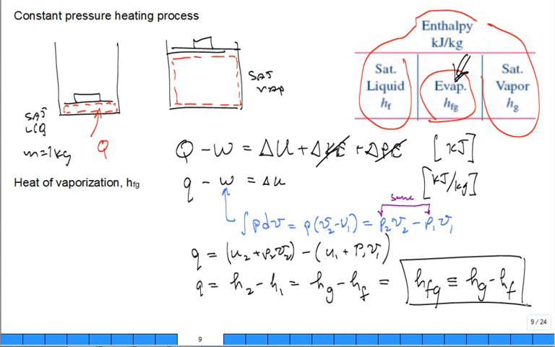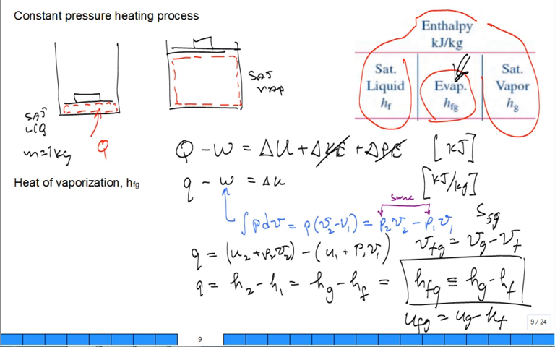Some books do have ufg, which is ug minus uf. It's nice to have, but it's an extra column and it's not as needed or as often used as hfg. And they also will even have v sub fg, which is v sub g minus v sub f, as well as, when we get to entropy, sfg.